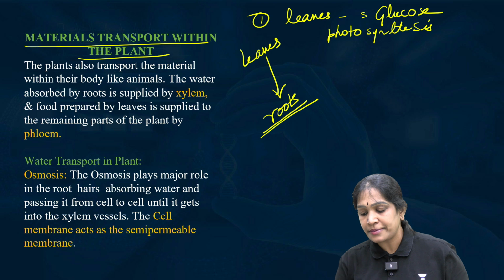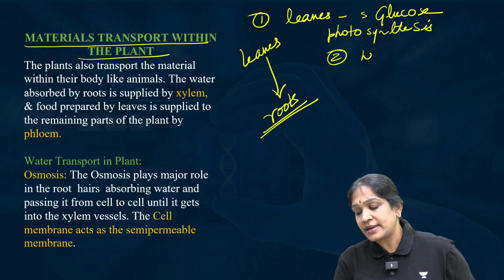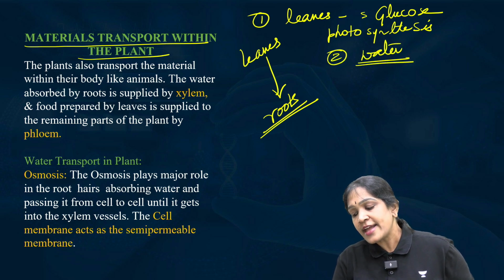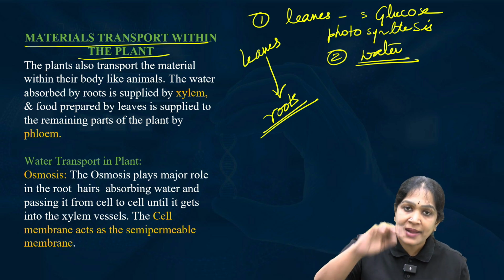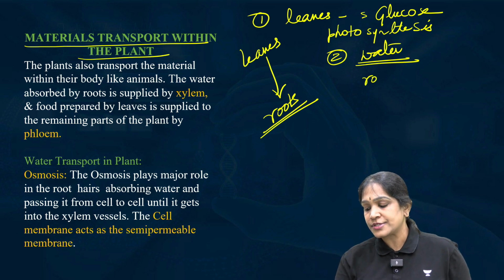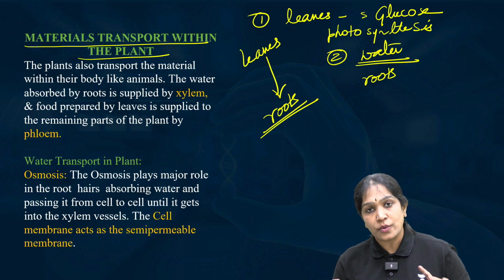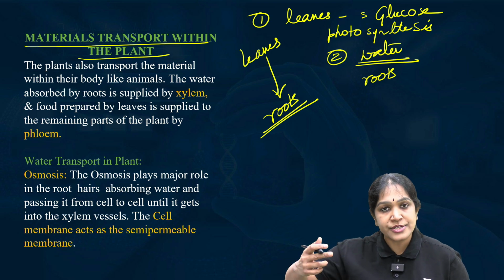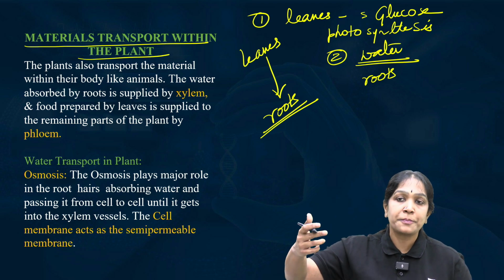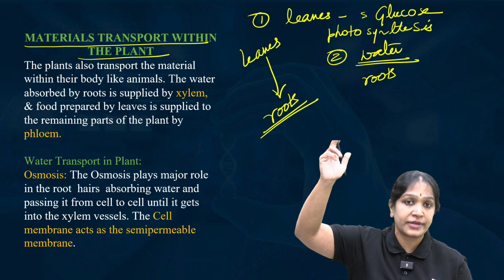This is one requirement. Second requirement, water. From where does water enter into the plant? Through the roots. Do the plants require the water only in the roots, or is water needed in the entire plant? Water is needed in the entire plant. Even the leaves need the water.